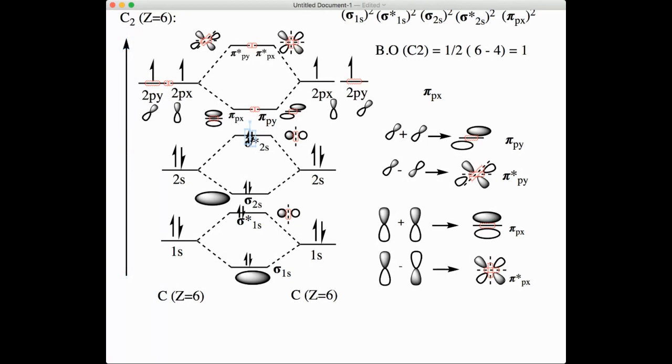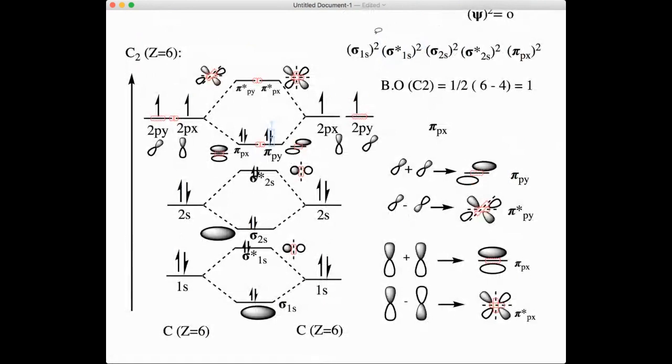I want you guys to pay attention, because even though the end result is the same, I like to do it well. So I'm gonna place 9, 10, because they have the same energy. Therefore, I must place 1 in each, and then 11 and 12. Okay.